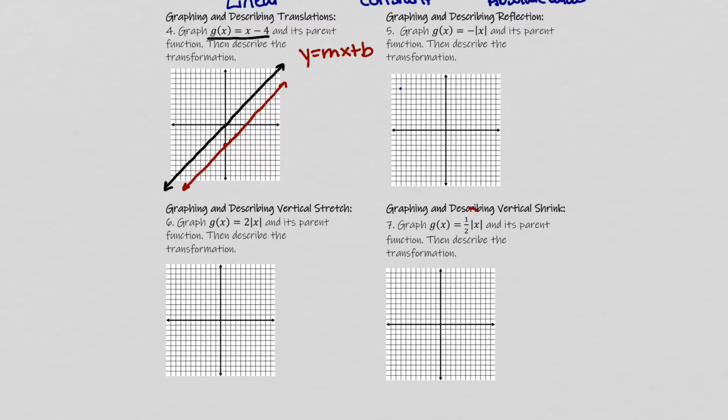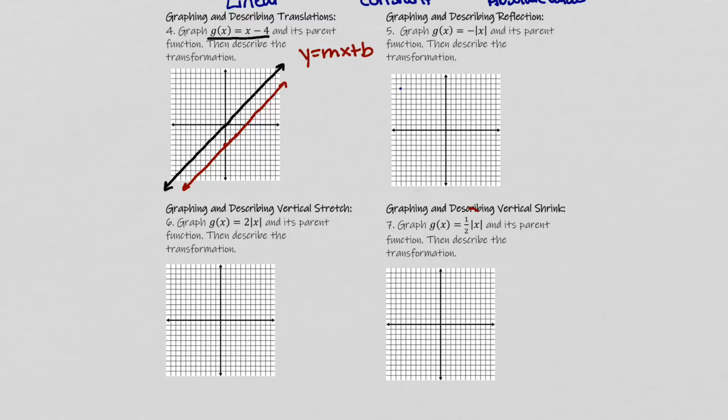So I graphed them both, and it wants me to describe the transformations. So if I look at this parent function, they both have a slope of 1, so the slope did not change. Or in this case, our terms that we use instead of slope is stretch or shrink. It didn't reflect because I didn't go from going up left or right to going down.